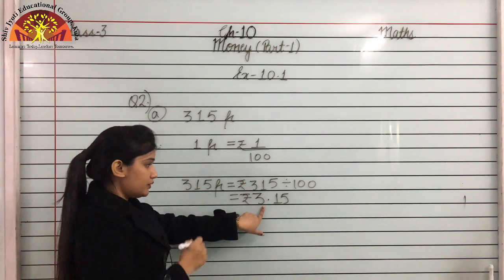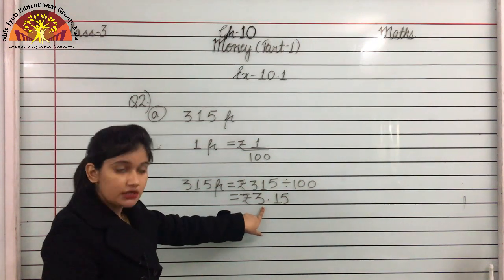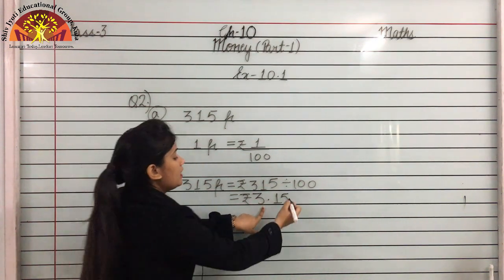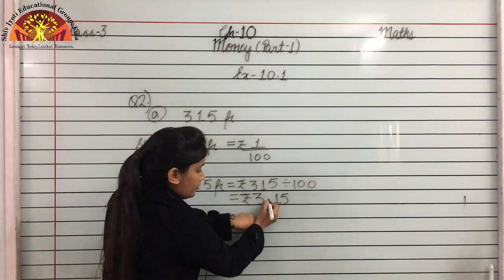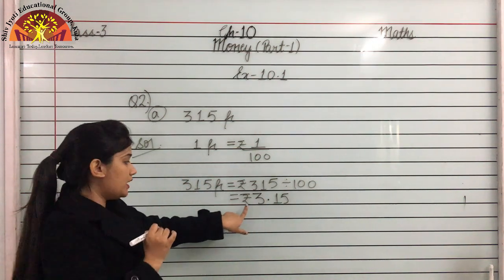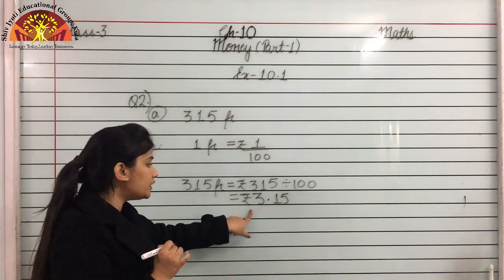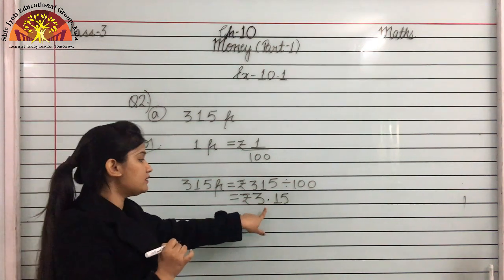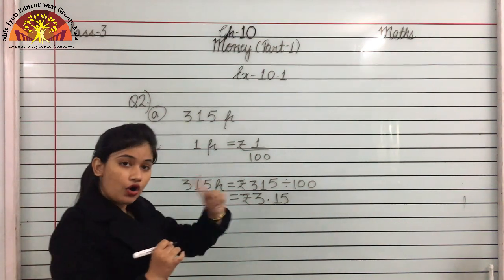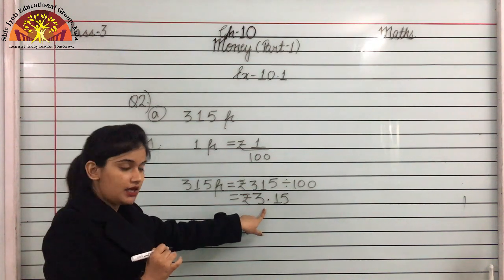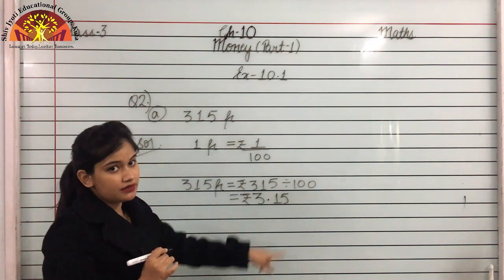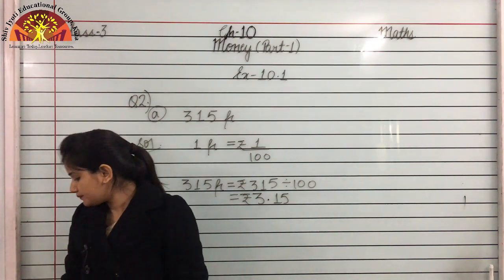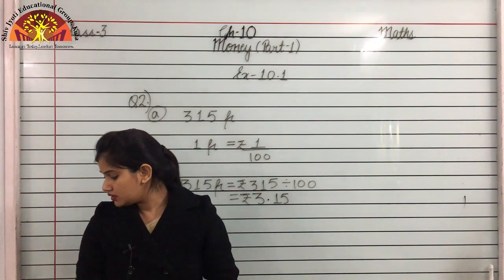Because we are dividing by 100, we have to count 2 digits from ones, 1, 2, and we'll put a dot. Now this has been converted into rupees. Rupees 3.15, or you can say rupees 3 and 15 paise. Is it clear?